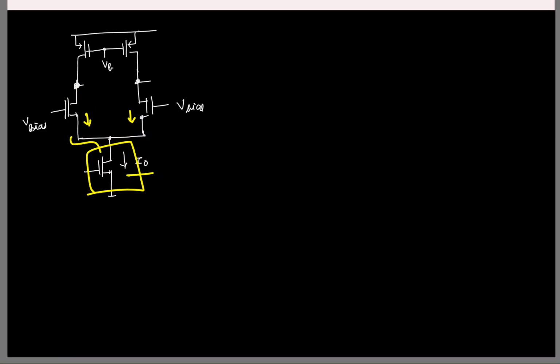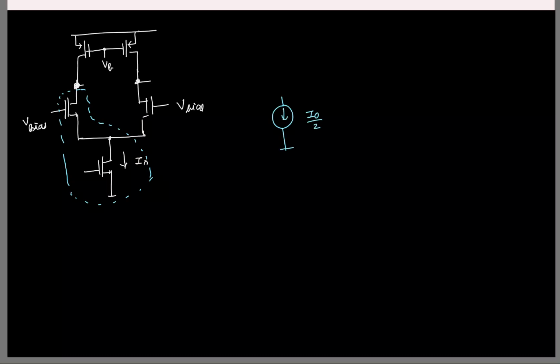If I just mark these two, this looks like a cascode, isn't it? So this is a current source. This can be thought of as a cascode above it. So together this forms an even better current source. Whatever I have marked in blue is essentially a current source I0 by 2.